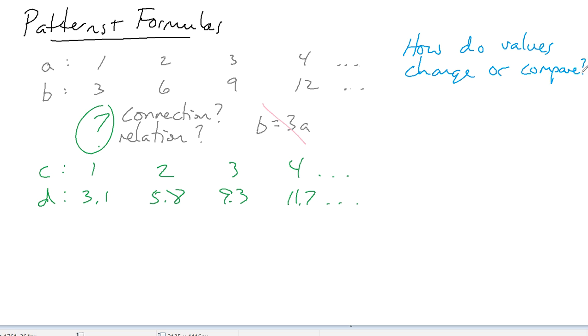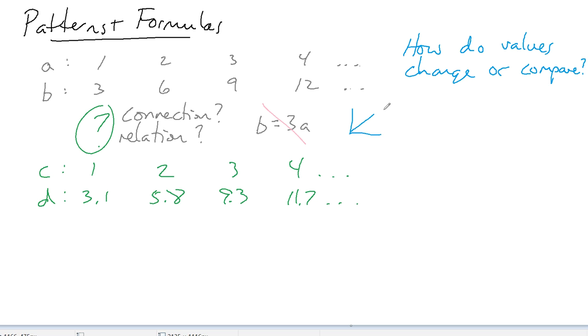So if we looked at the A and the B values, A values 1 to 4, B values 3 to 6, they're always changing by the same amount. They're always going up by 1 for the A's, and always going up by 3 for the B's. Because of this, I know that if I would graph them, as you guys have often done, it would look like a straight line.